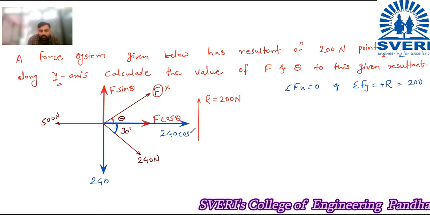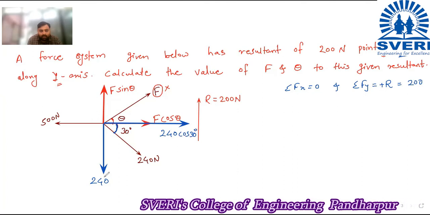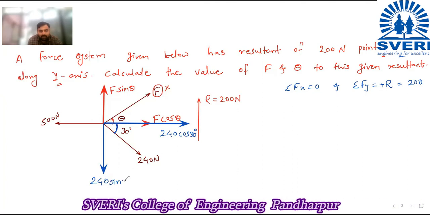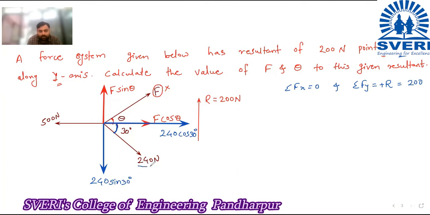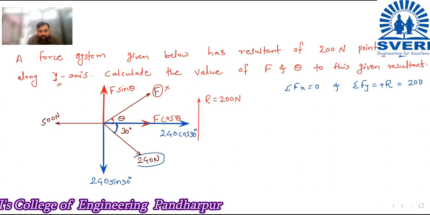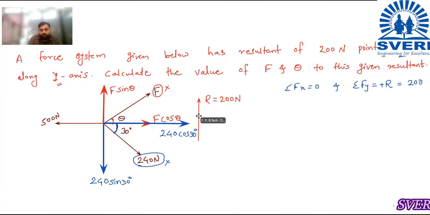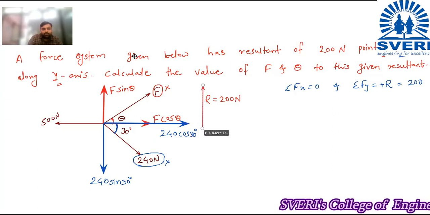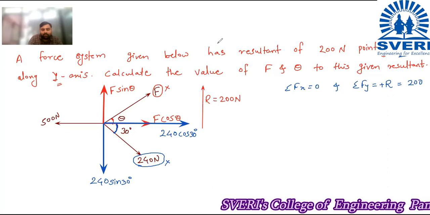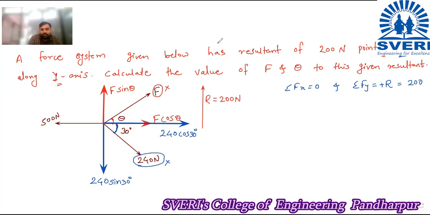So this will be 240 cos 30 and this is 240 sin 30. Now we are not going to consider the main force in the calculation. Instead of this, we are going to consider the components. I hope up to this point it is clear to you. Moving further, if anybody has any doubt, you can ask in between also.